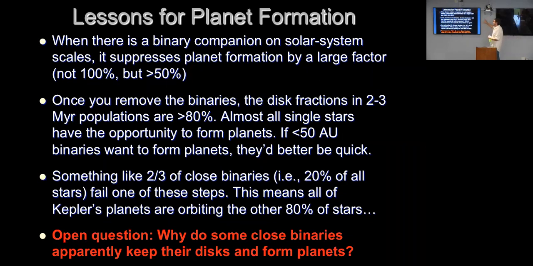But once you remove the binaries, the disk fractions at 2 to 3 mega-years are over 80%. And you can combine this with the top-level conclusion that was drawn out of the full Kepler sample, where they said there's basically 1 planet per star, or pretty close to it. It was consistent with a large majority of stars in the Milky Way having planets.